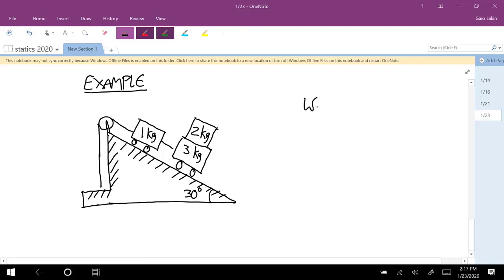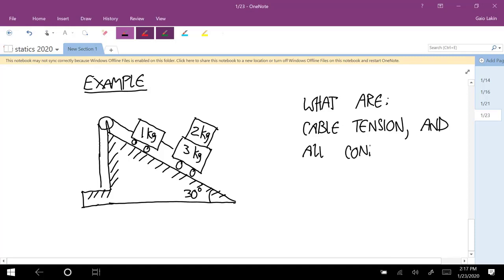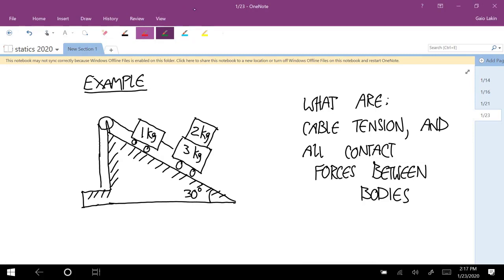And we want to know what are the cable tension, and all the contact forces between the bodies. We're assuming that there's friction here.